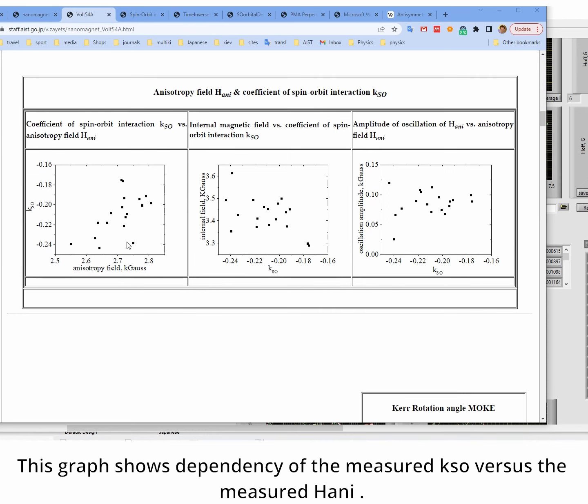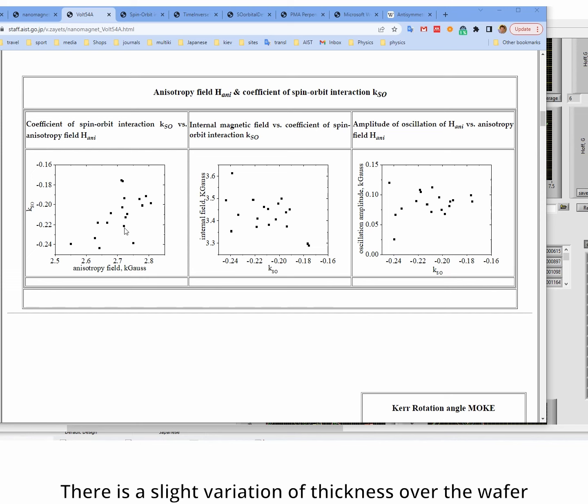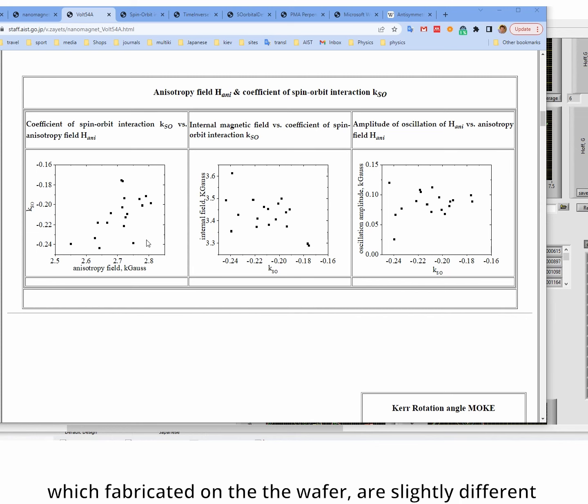This graph shows dependency of measured coefficient of spin-orbit interaction versus measured anisotropy field. Each dot corresponds to a measurement of a different nanomagnet made on the same wafer. There is a slight variation of thickness over the wafer and a variation of the quality of the interface. That is the reason why the properties of nanomagnets fabricated on the same wafer are slightly different.